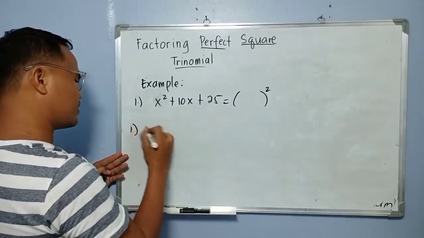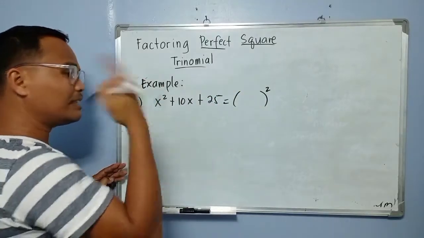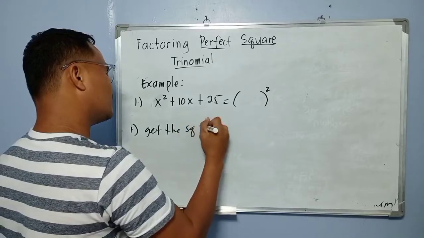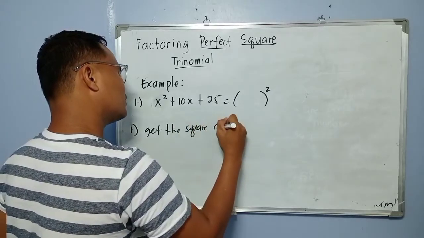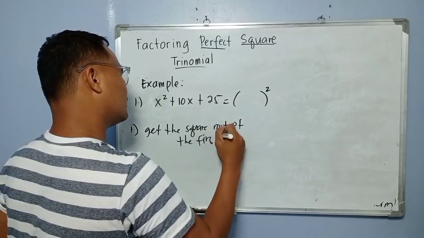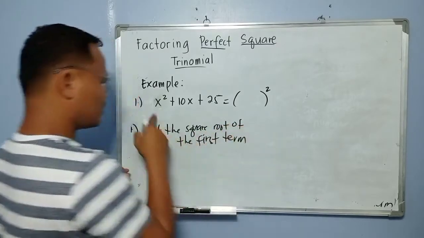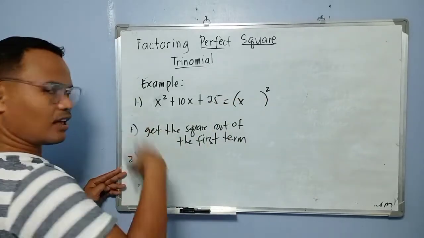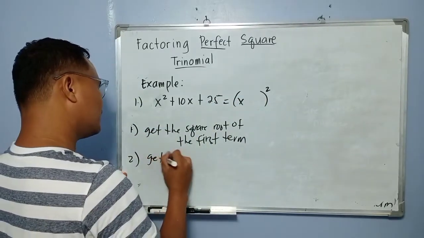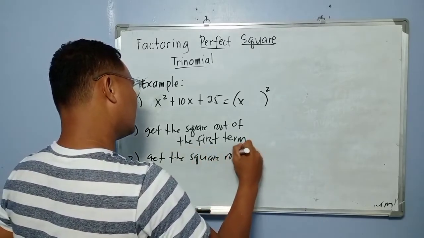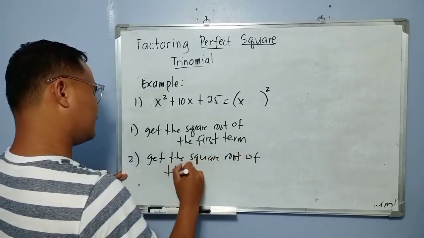So the process is get the square root of the first term. So the square root of x squared is x. Then the second process is get the square root of the third term.